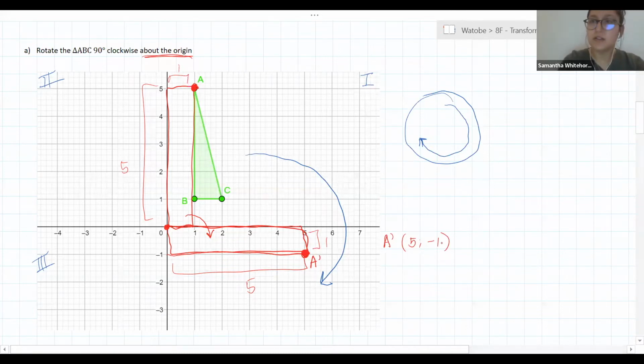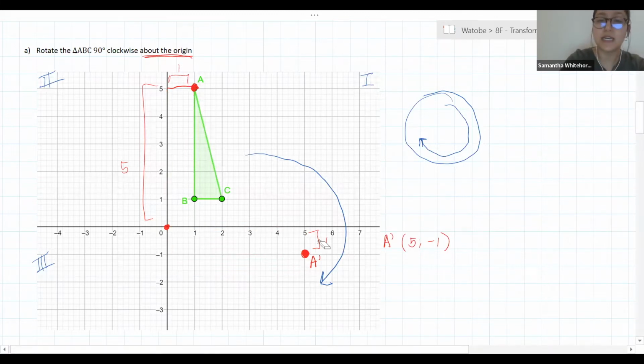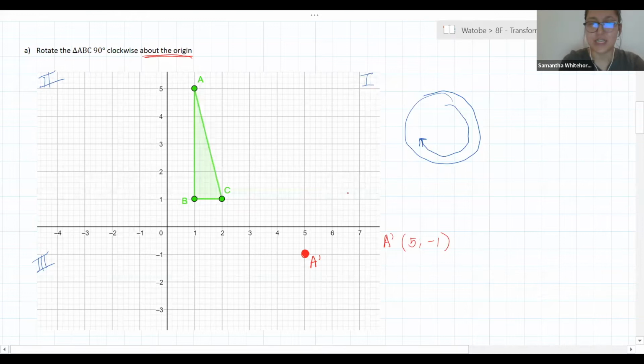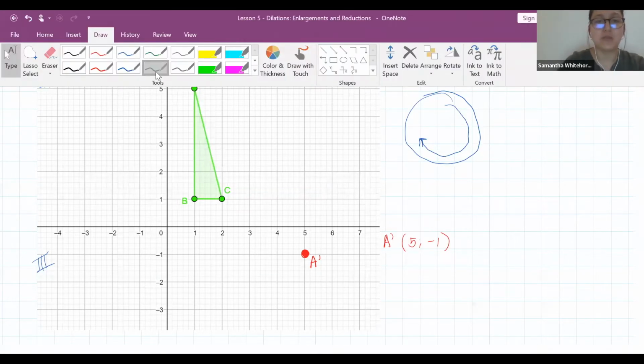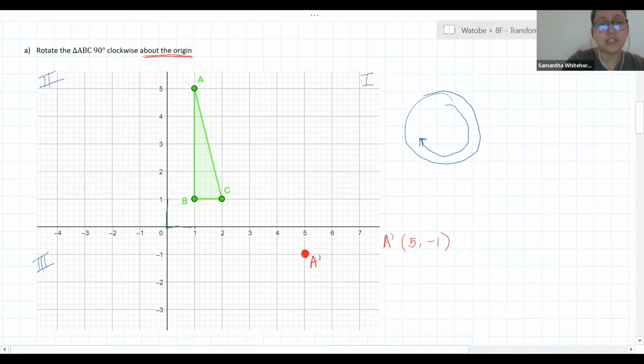Okay, so the rectangles are quite an easy way to work with rotations. Obviously, as you get more and more comfortable, you might not need to draw in the rectangles, but it is a very helpful tool for us to do rotations. Okay, so we'll do the same thing with point B and with point C. Now, point B is just a much smaller little square. So when I rotate it, it's just going to end up down below.